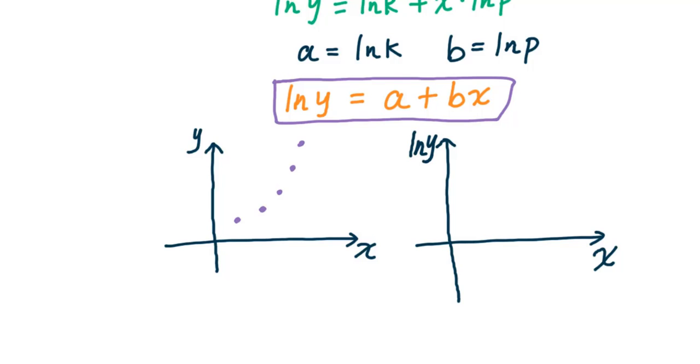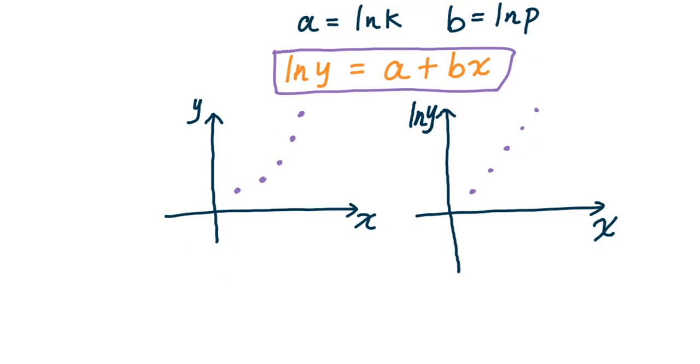In this way, you will have a linear model. Suppose you already have the relationship between x and the natural log of y like this: natural log of y equals a plus bx.